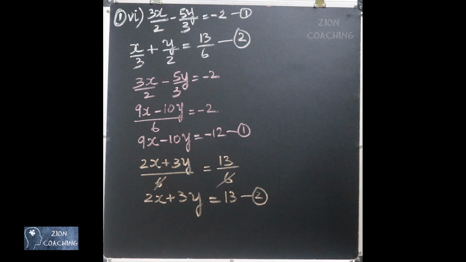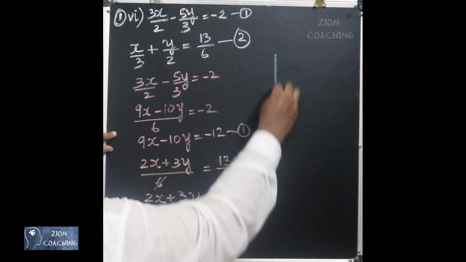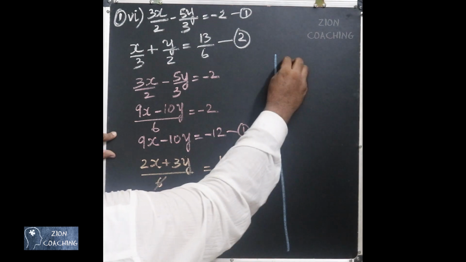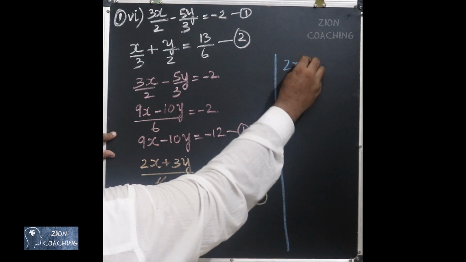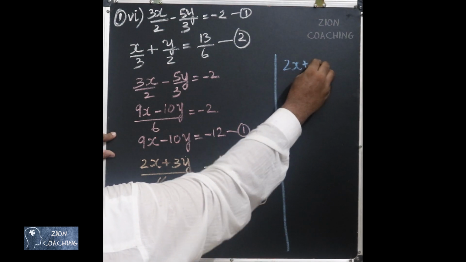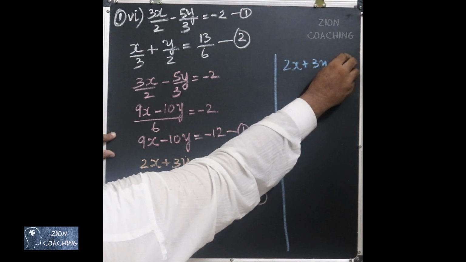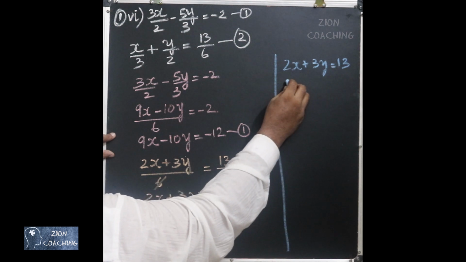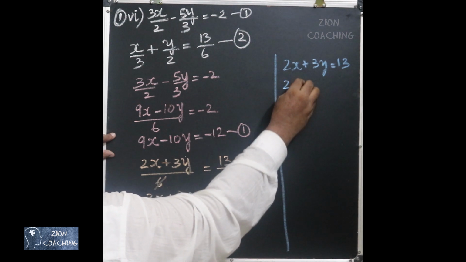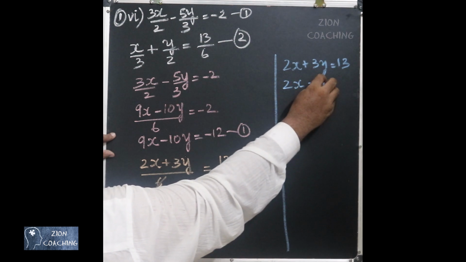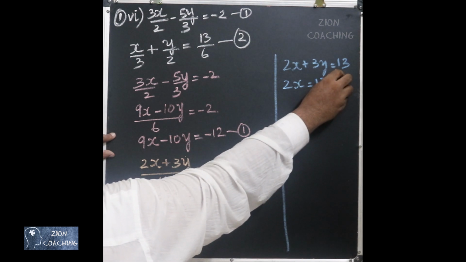Now we are going to find y in terms of x or x in terms of y. So we will start doing it here. We have 2x plus 3y equal to 13. Then 2x is going to be 13 minus 3y.